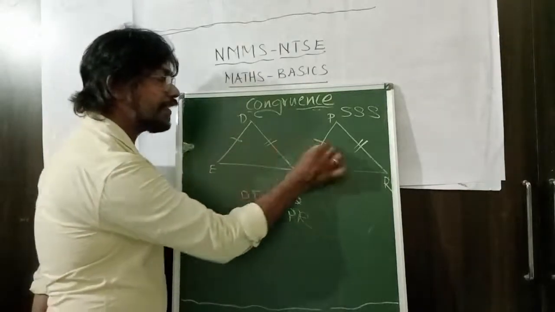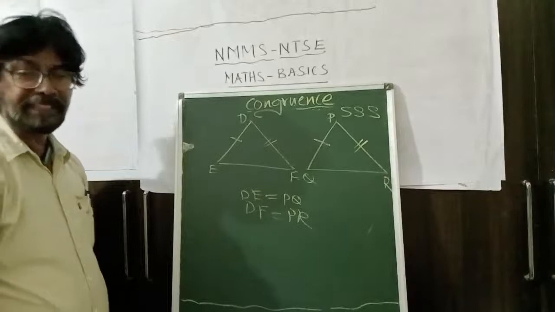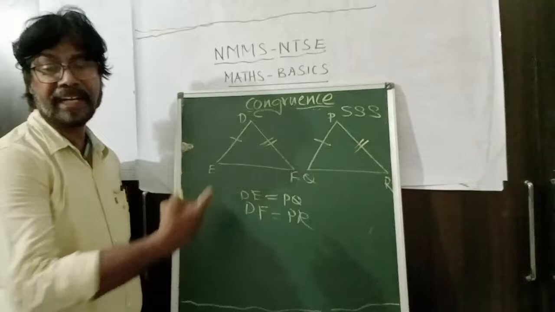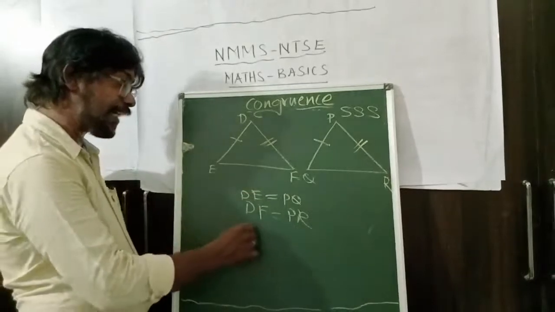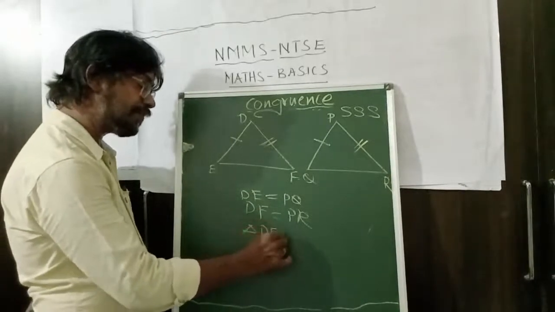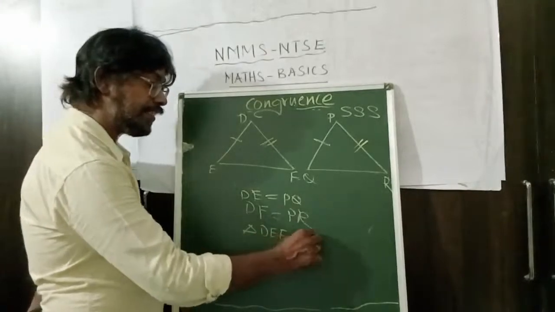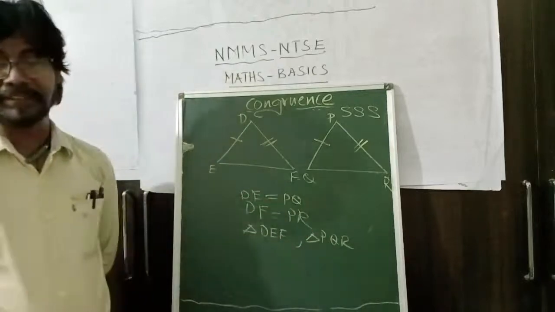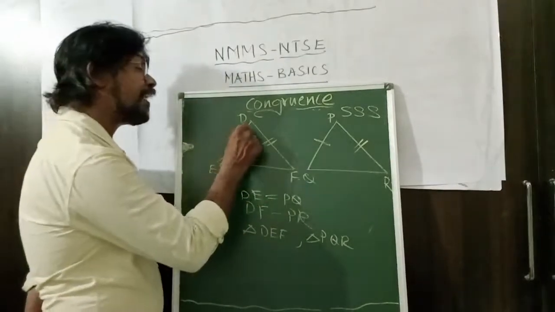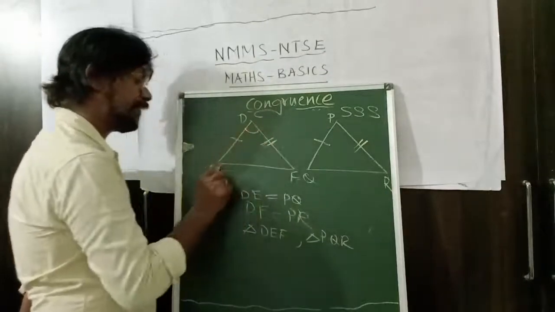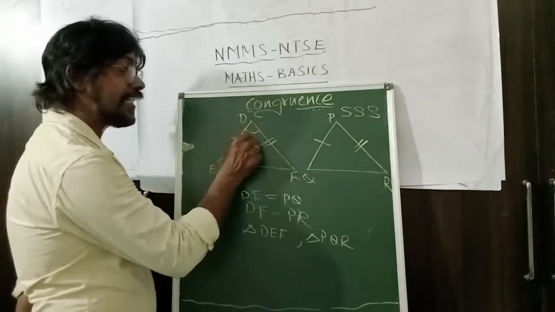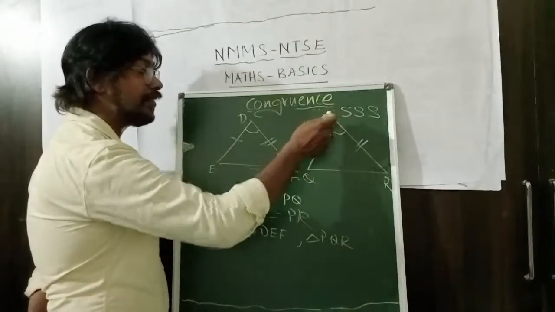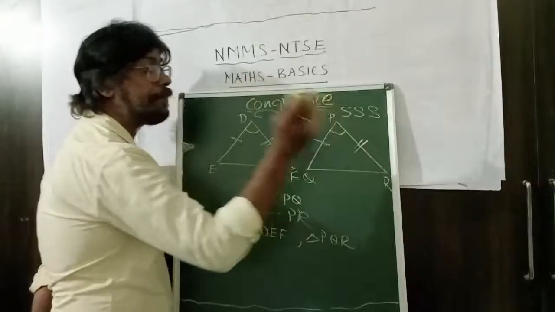If you draw one line, both are equal. These two lines are equal to the two lines. So according to these two figures, two triangles, triangle DEF and triangle PQR, two sides are equal, and the angle between these two sides, angle D, is equal to the angle between the sides PQ and PR.